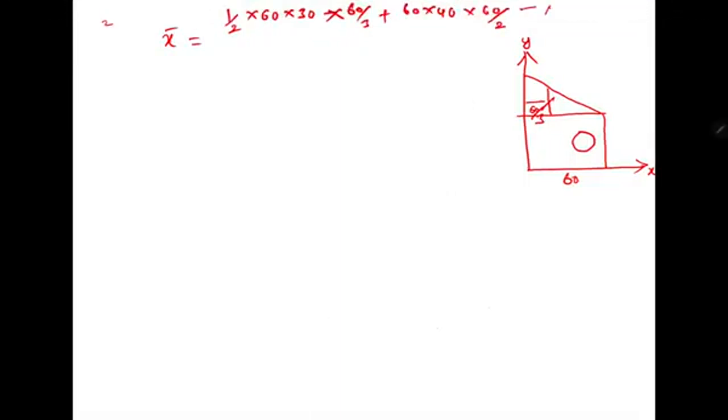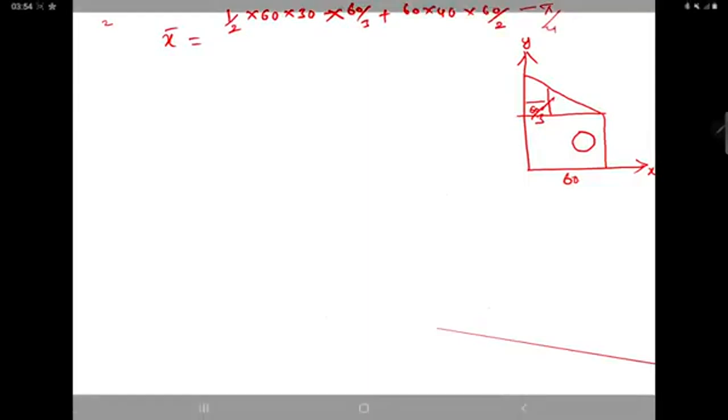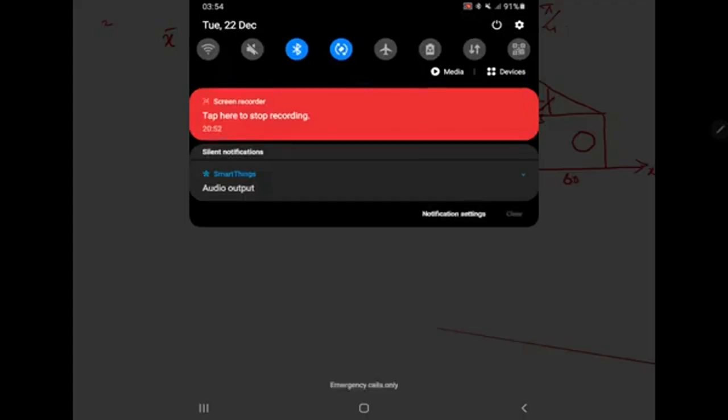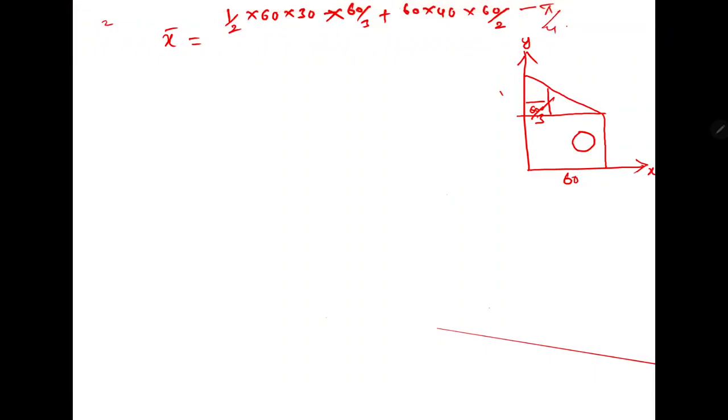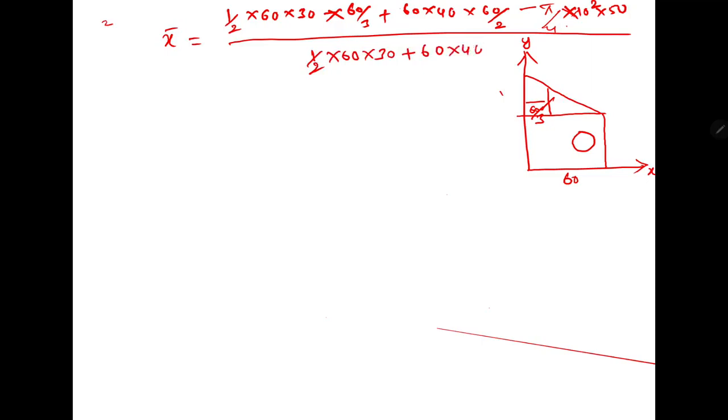Minus pi by 4 into 10 square into 50, divided by half into 60 into 30 plus 60 into 40 minus pi by 4 into 10 square.